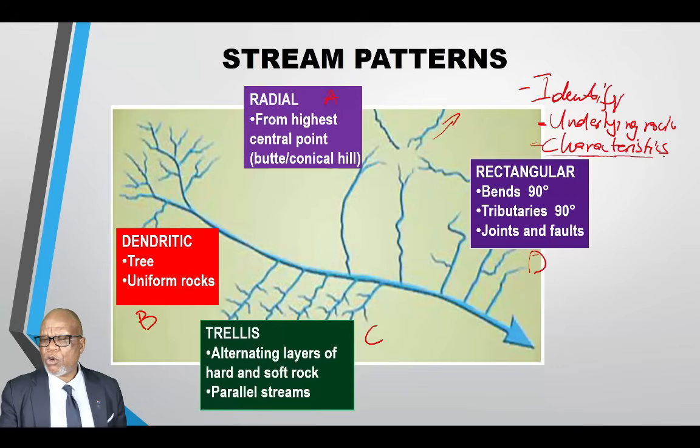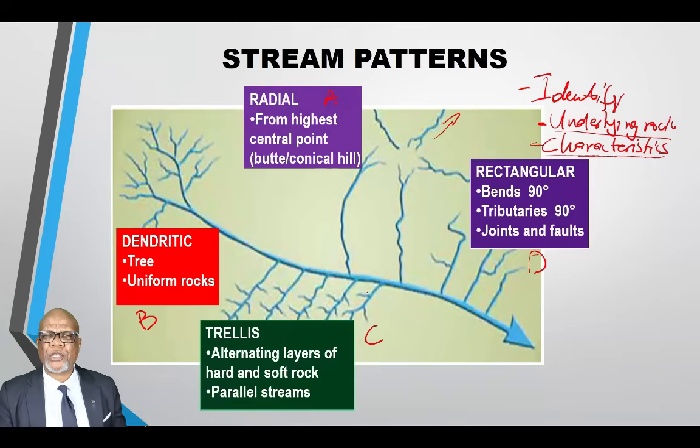So the question could be, how does the underlying rock influence the flow? How did the underlying rock influence the pattern here at the radial pattern? It's because the high-lying area makes water radiate. So it is an application question.